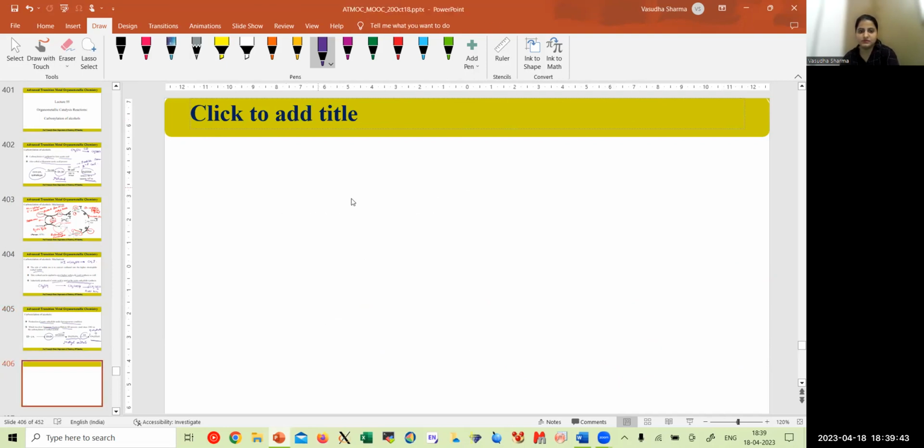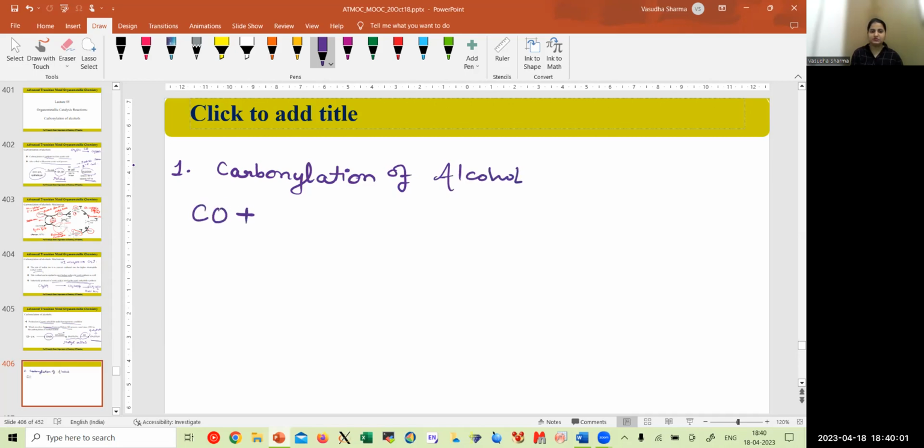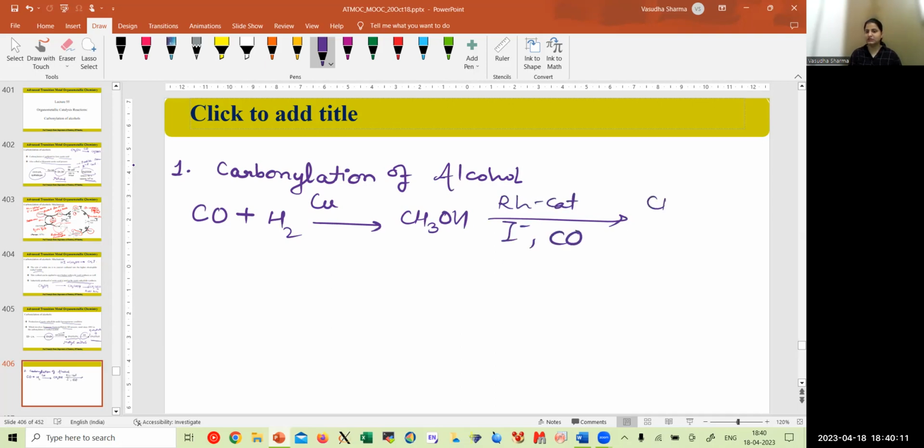So here in this particular lecture, what we saw is the carbonylation of alcohol. That means carbon monoxide with H2 is giving methanol in presence of a copper catalyst, and if we are using a rhodium catalyst in presence of an iodide source and carbon monoxide, it will lead to form CH3COOH.